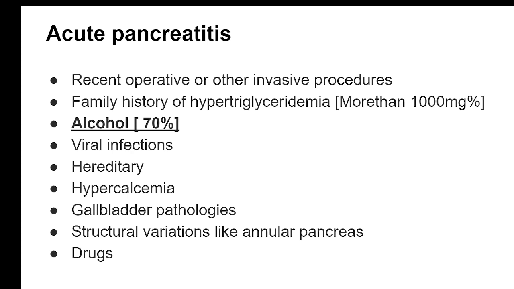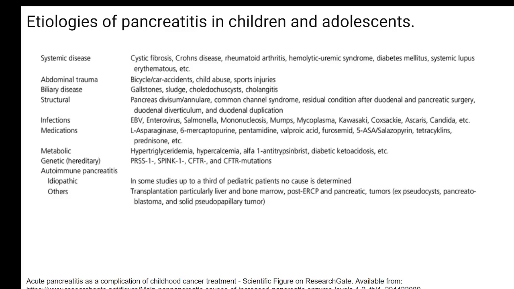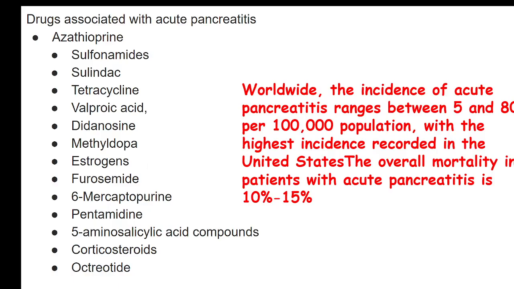Pancreatitis also is known to occur in patients who have congenital variations of the pancreas, like annular pancreas or ectopic pancreatic tissue. In these conditions also, pancreatitis incidence is more. Many drugs are known to produce pancreatitis, with a definite association.